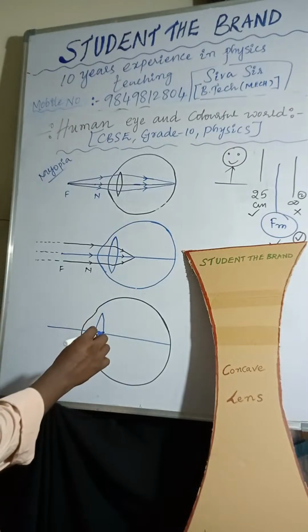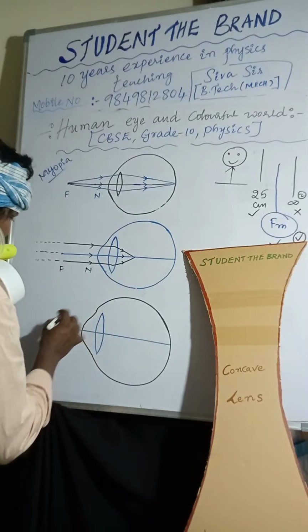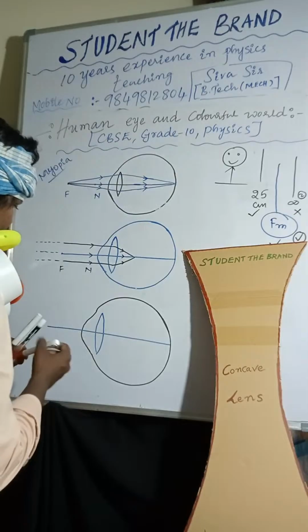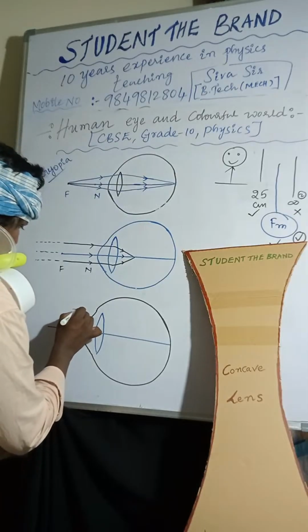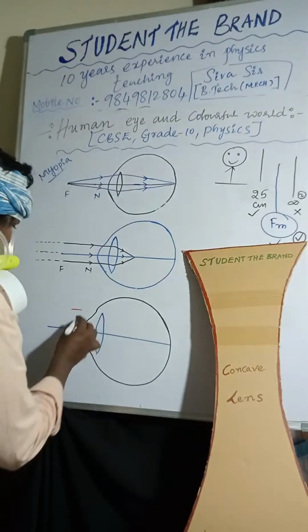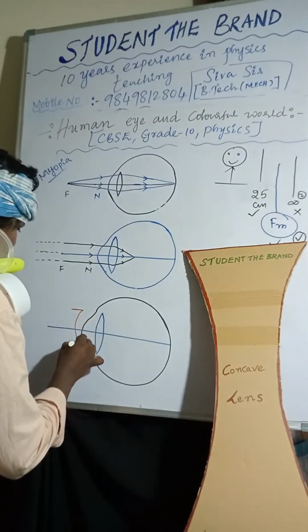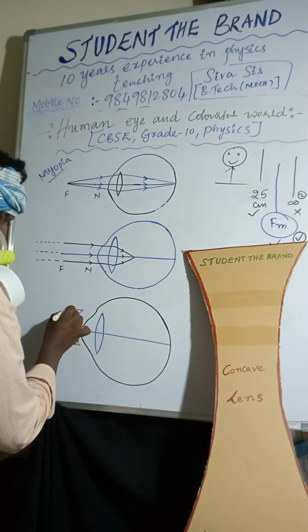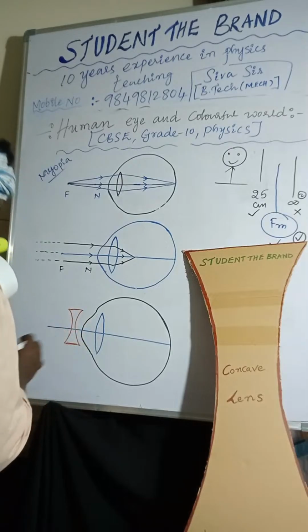So what lens do we have to use? Concave lens. I'm placing a concave lens. So this is a concave lens. You can observe.